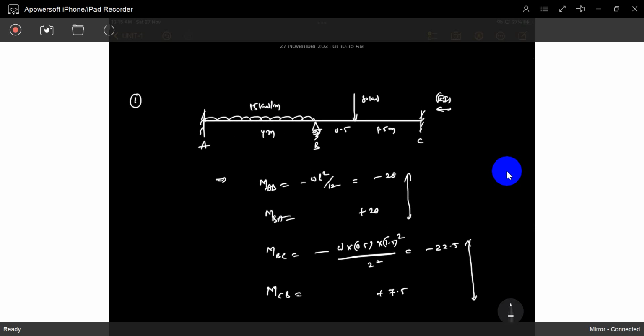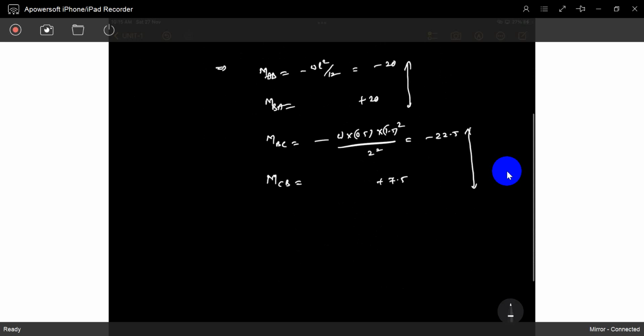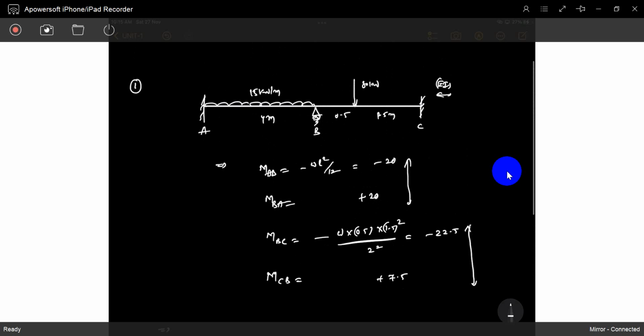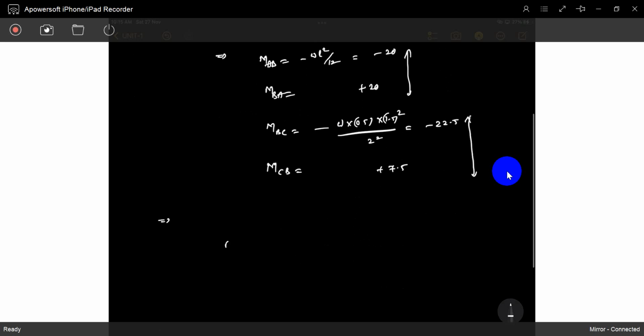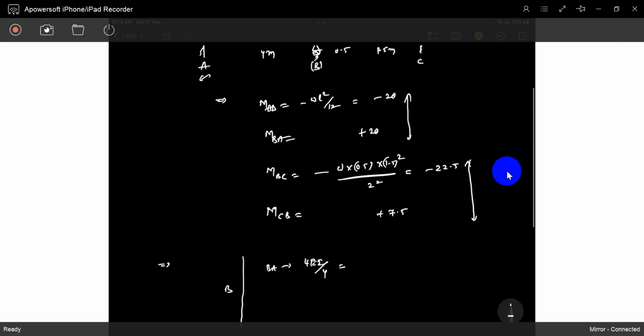Okay, that's it. Now see the distribution factor. Only one joint is there, only B. So for B you can directly write BA: 4EI by L, because it's a fixed end, 4EI by 4, it's EI.